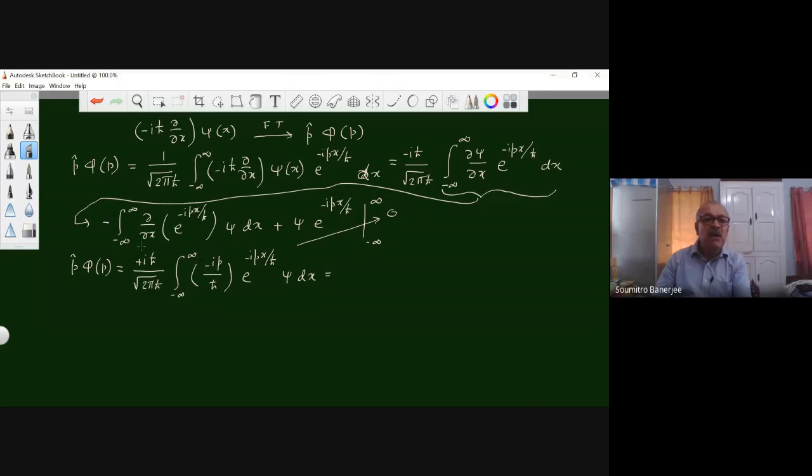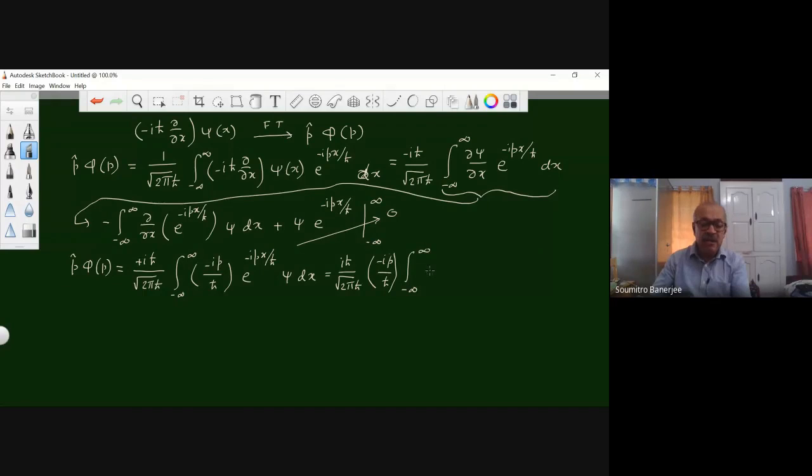Then I will get this term outside. It is i h cross by root 2 pi h cross, and this one will come out, minus i p by h cross. It is differentiation with respect to x, so I can take out p also, i p by h cross, and then you have the integral from minus infinity to infinity.